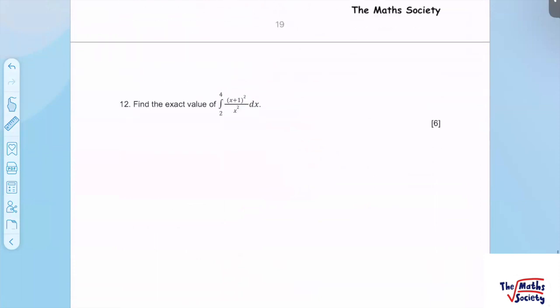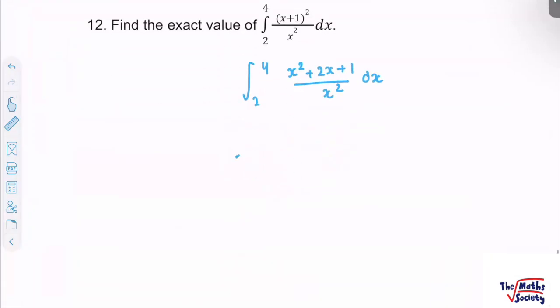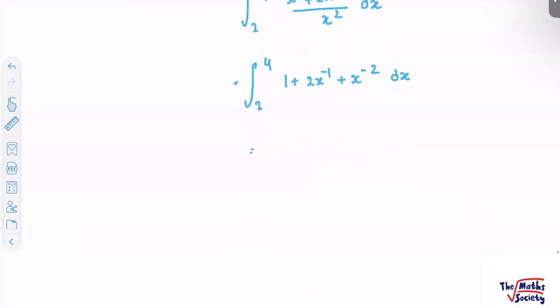Okay, so now we'll move on to question 12. So question 12, you just need to integrate it as well. Integral from 2 to 4 of x squared plus 2x plus 1 divided by x squared dx equals integral from 2 to 4 of 1 plus 2x power minus 1 plus x power minus 2 dx. So that's going to be x plus 2 ln x minus x power minus 1, within 2 and 4.